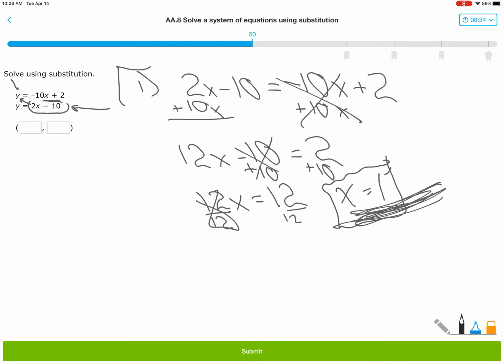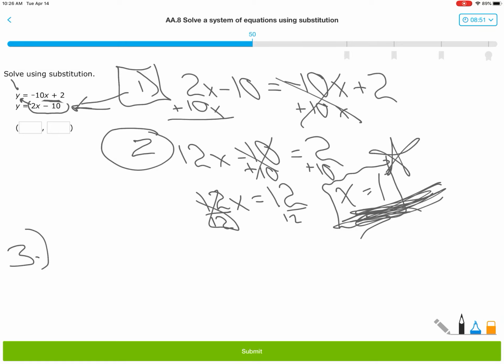Step 1 was already done for us when I circled that. All this work we just did is step 2 to find what x is. Now we're at the end, step 3. I take my answer from step 2, that was the x equals 1, and it goes back into my answer from step 1.